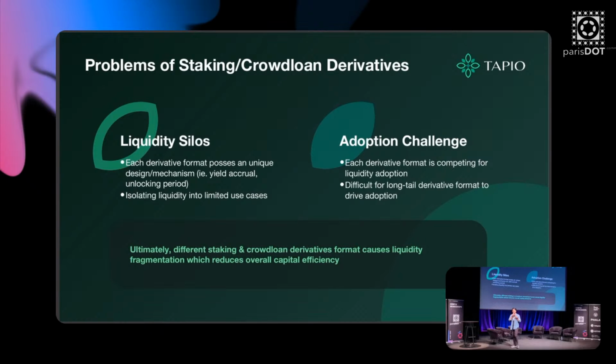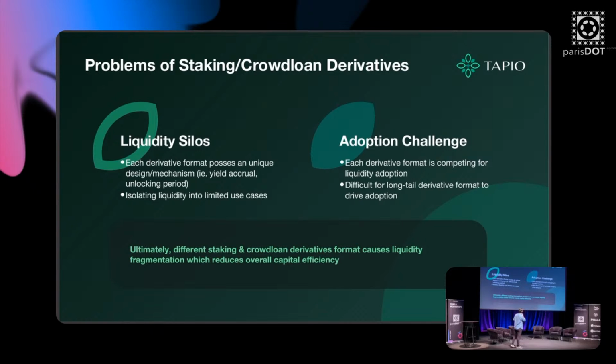And ultimately, it's very natural for builders to choose the category leaders, the ones that have the most volume, because that one has the most liquidity. And then it makes it easy to bootstrap your applications. And what's going to happen to the long tail staking derivatives? It's going to become very hard for these long tail staking or crowdloan derivatives to have additional use cases. So that's the adoption challenge.